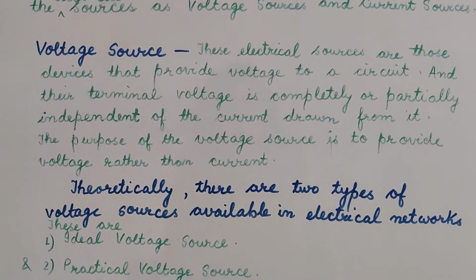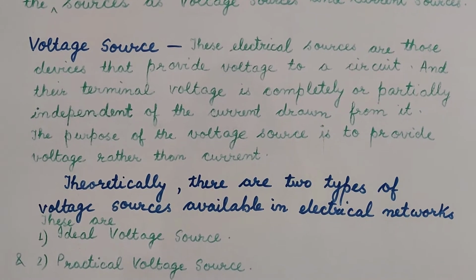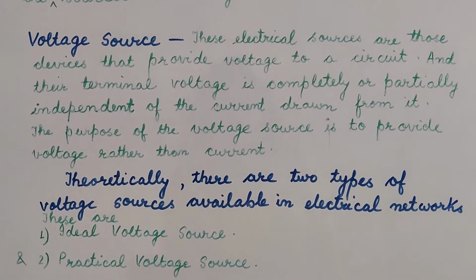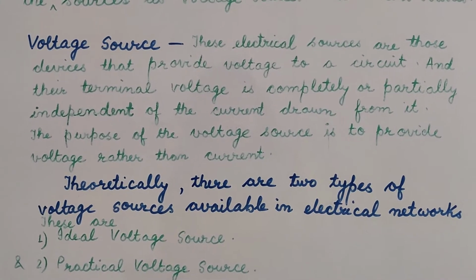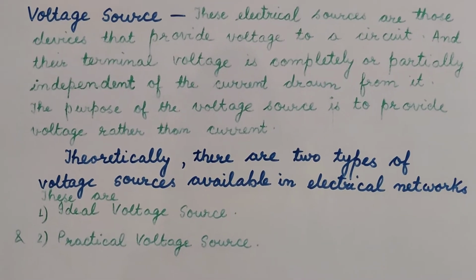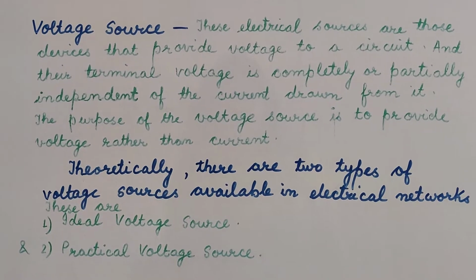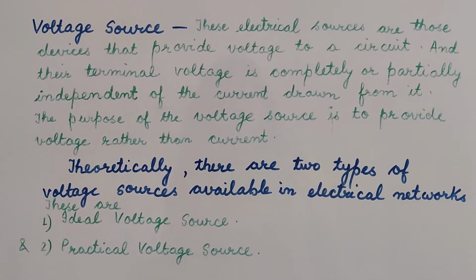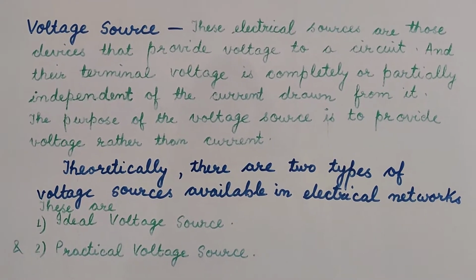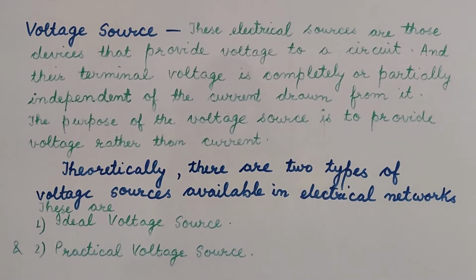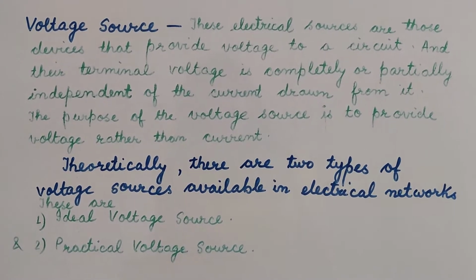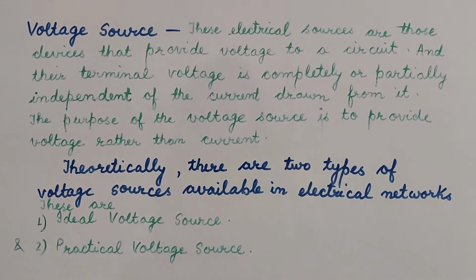And there are two types of voltage sources in any electrical networks. The first one is the ideal voltage source and the second one is the practical voltage source. Now, what is an ideal voltage source? An ideal voltage source is a voltage source which will provide constant voltage across its terminals.